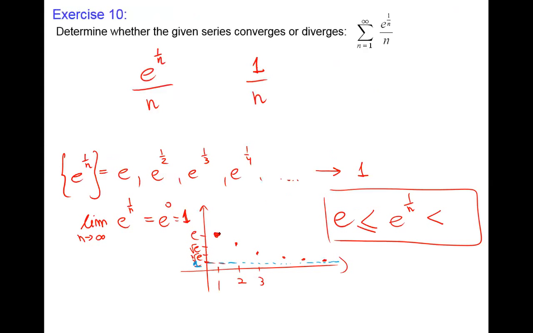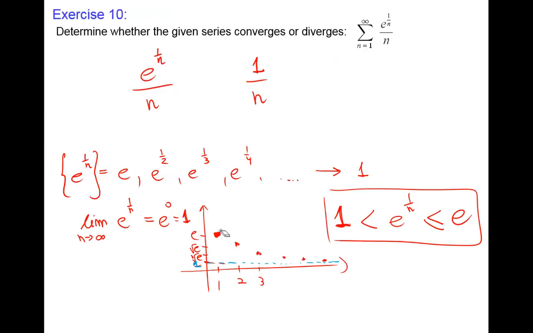E is the maximum number, right? And then all of the terms are lower than e, but greater than 1. Okay, that's what I wanted. Let me put this. That's the relation. You should have told me before.